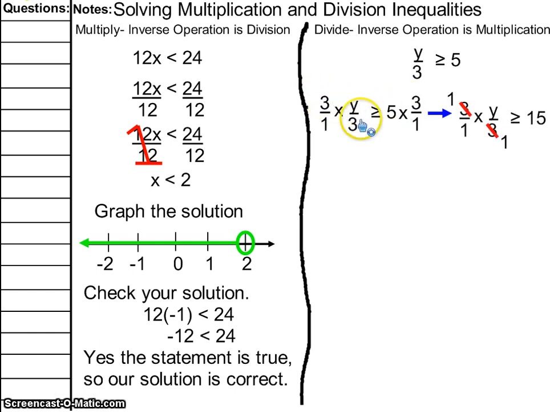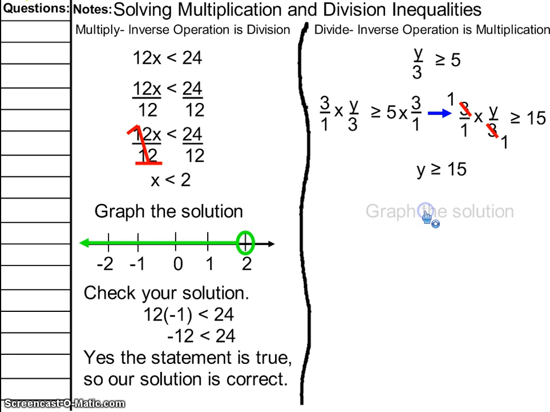When you cancel out the 3s, you have 1 over 1, which equals 1 times y, so that leaves us with y. If we multiply by 3 on one side of our inequality, we have to multiply by 3 on the other side. 5 times 3 is 15, so that leaves us with y is greater than or equal to 15.